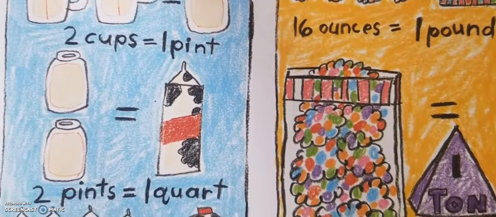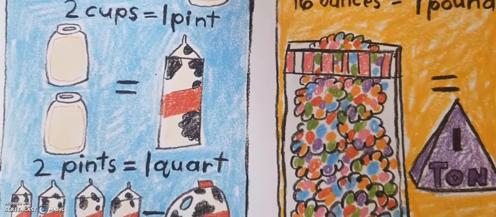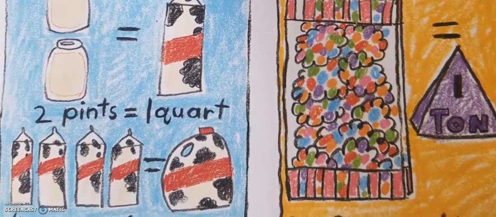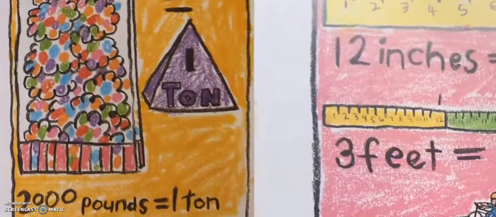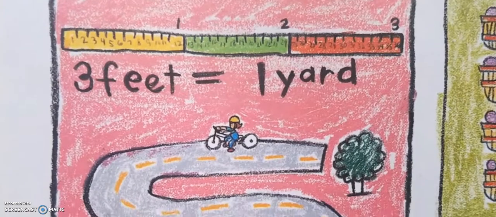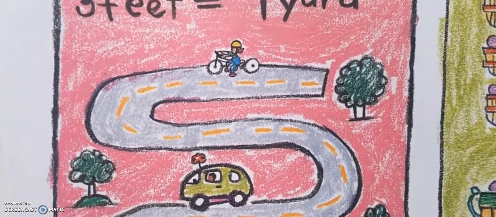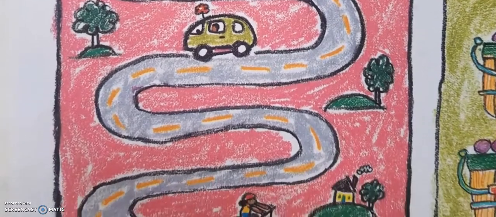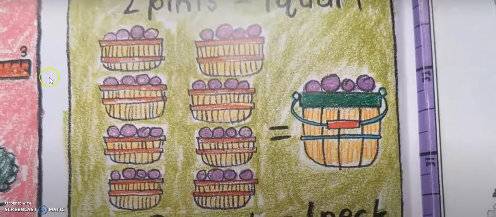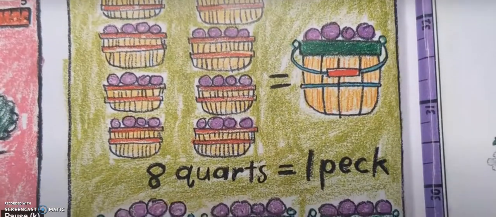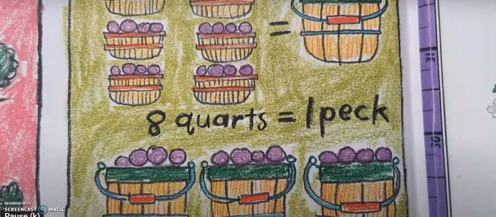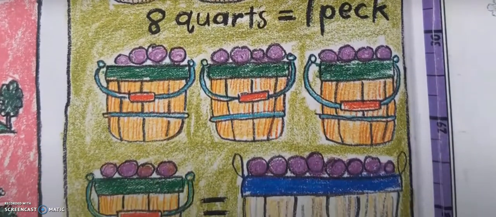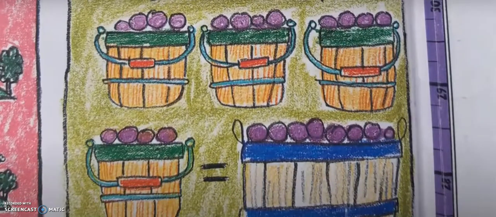And 4 quarts equal 1 gallon. 16 ounces equals 1 pound. 2,000 pounds equals 1 ton. 12 inches equals 1 foot. 3 feet equals 1 yard. 5,280 feet equals 1 mile. 2 pints equals 1 quart. 8 quarts equals 1 peck. And 4 pecks equals 1 bushel. And that is the measure of things.